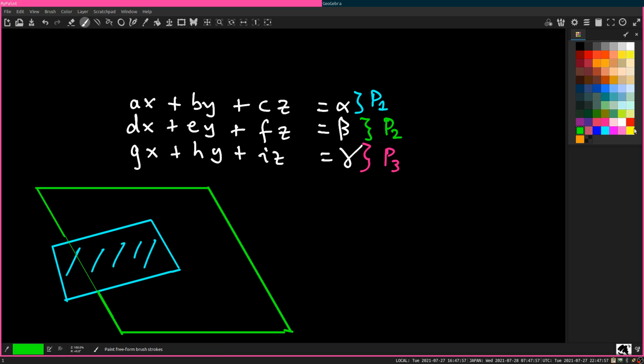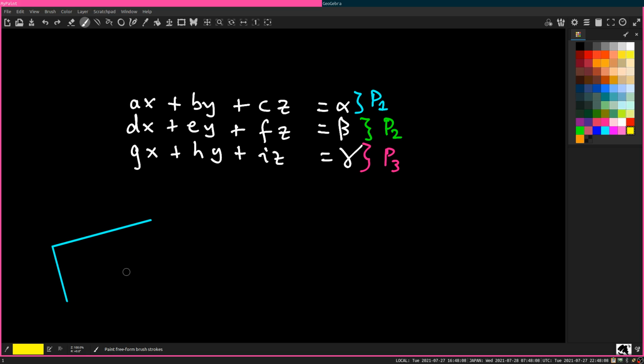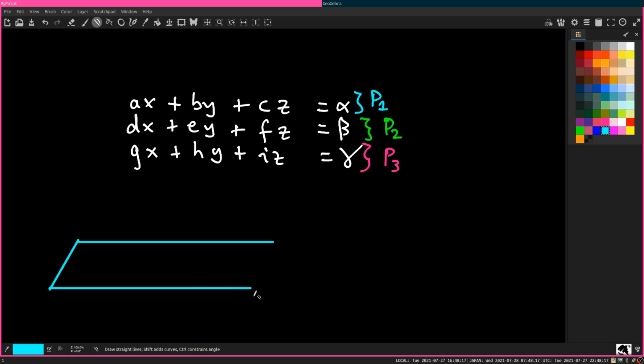Okay, and the point being that you take these two planes and they're going to meet in a line. So this is a very bad drawing. Let me start over. This is a much better drawing. Okay, and then the meet of these two planes is a line.